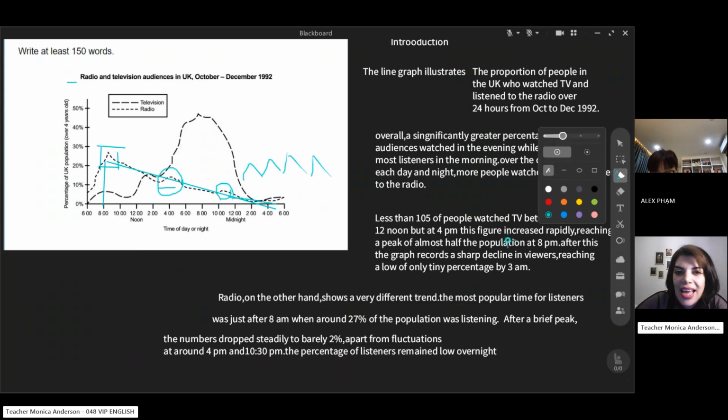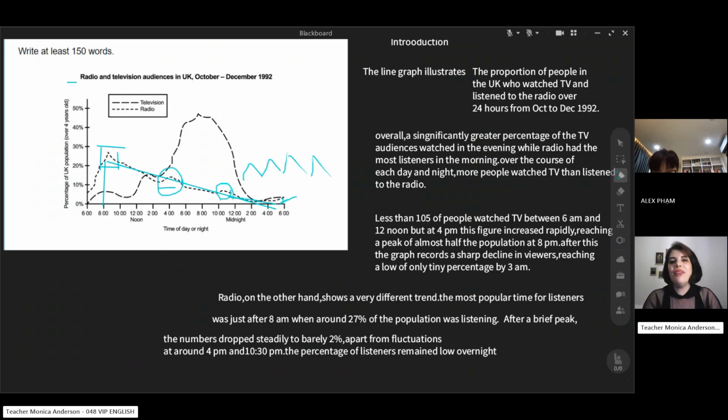But here, as you can see, we have a change after 6. Do you agree? So, how to write it? Could you help me to write the end of it?